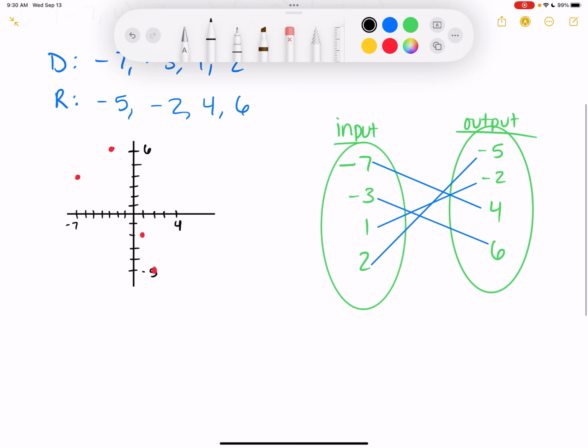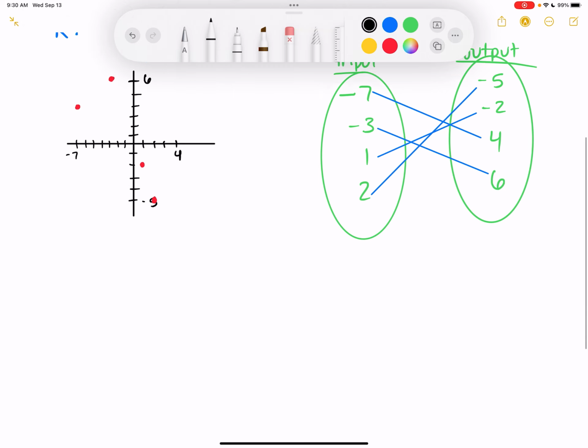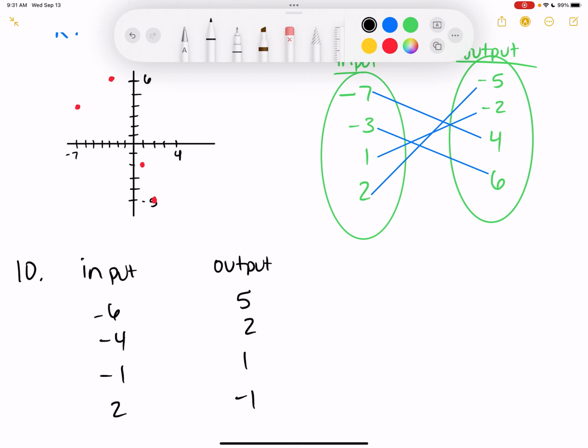So the next ones, they give you an input-output diagram, and they just ask for you to tell if it's a function or not. So when you do them in your homework, you don't have to copy the tables over. I'm going to for the sake of examples, but you won't need to do that there. So we have input of -6, -4, -1, 2, and then output 5, 2, 1, -1.